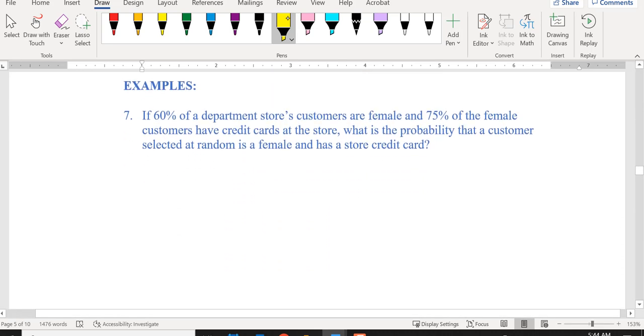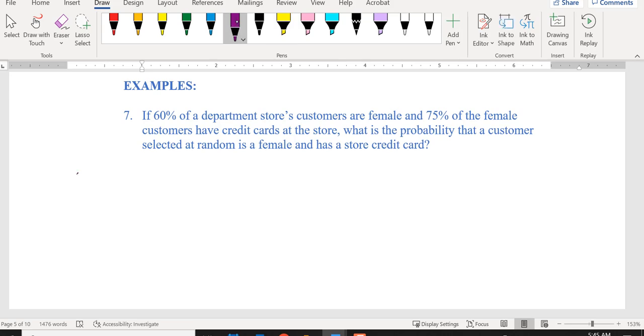If 60% of a department store's customers are female and 75% of the female customers have credit cards at the store, what is the probability that a customer selected at random is a female and has a store credit card? All right, let's go set this up. So our sample space is going to be all the store customers.